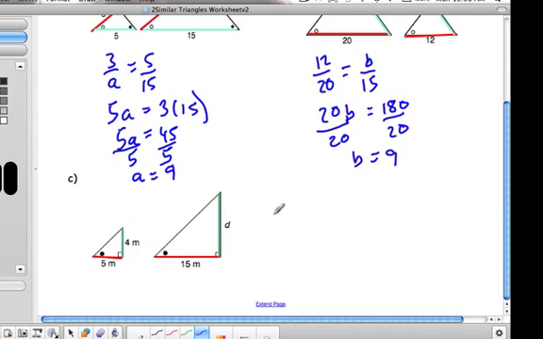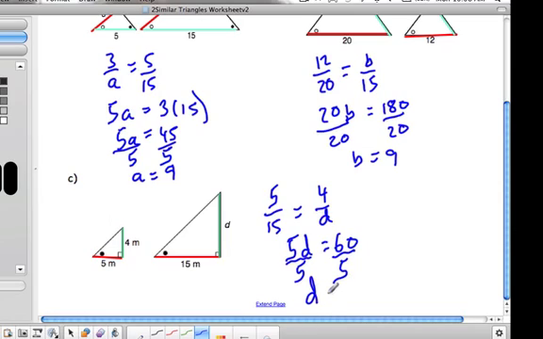So 5 over 15 is equal to 4 over D. Cross multiply again, so this will be 5D is equal to 15 times 4, which is 60. Divide both sides by 5, and this is where some people made an error, so make sure you use your calculator here. D equals 12. Okay.